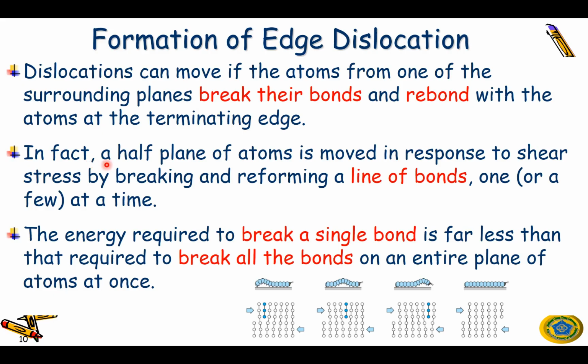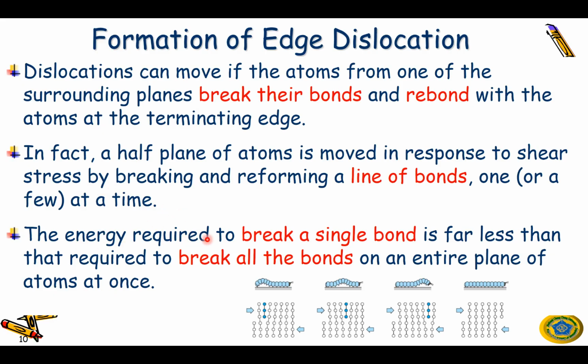So in fact, a half plane of the atoms is moved in response to the shear stress by breaking and reforming a line of the bond. This is a line of the bond, right? One at a time. Okay? Not all the lines of the bond in one go, but one at a time.